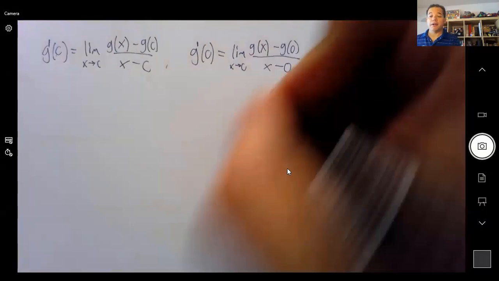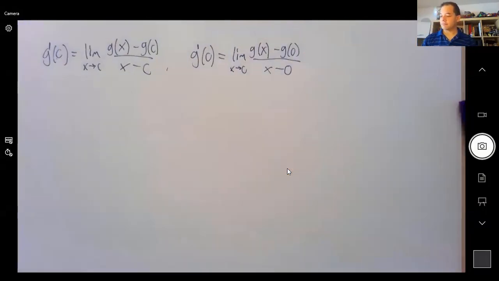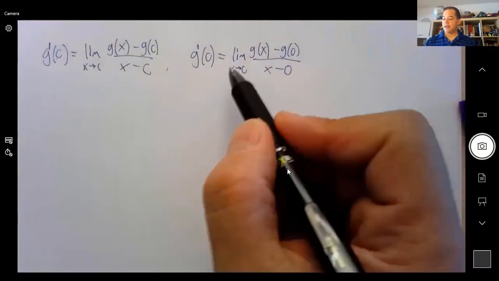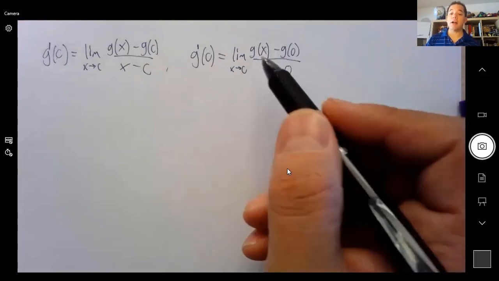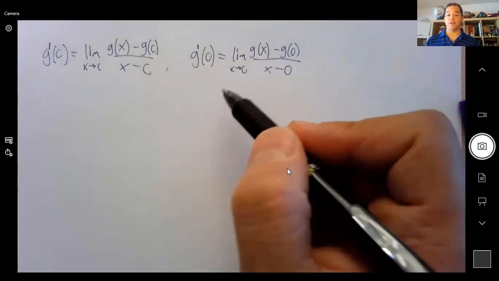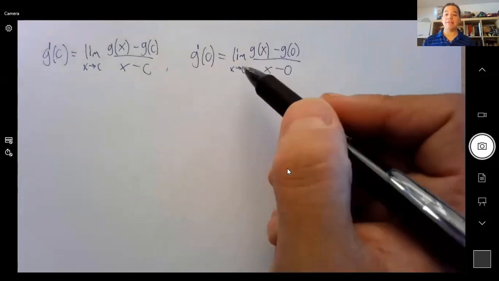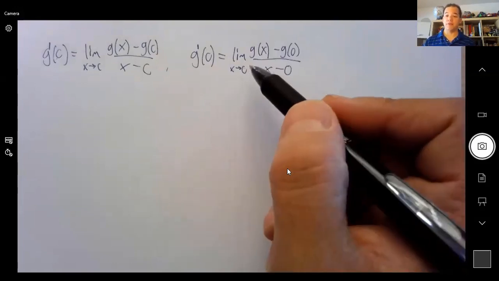And remember that if this limit exists, then this limit will be the same regardless of the way you approach 0. So you can pick any sequence that approaches 0, right?